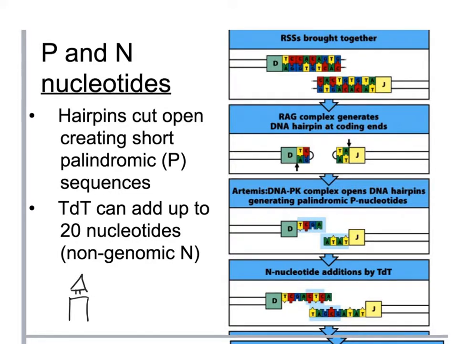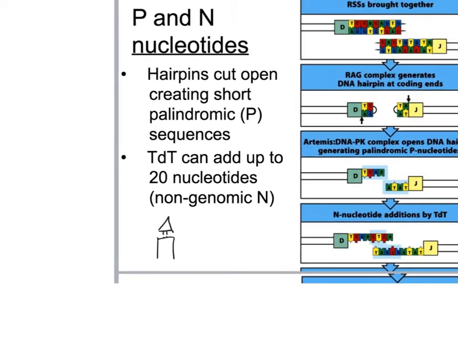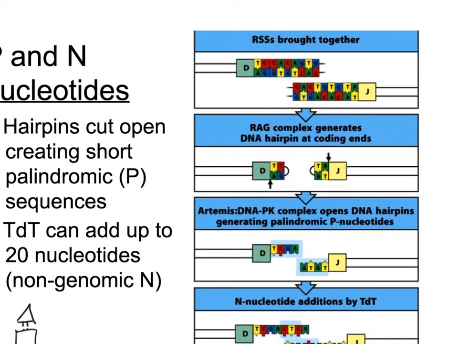Even though it looks like it cuts everything off here, there's still some DNA there. Their pictures can't be perfect. So this is the DNA that's still stuck to the D, and here's the DNA that's stuck to the J. It gets cut, and there's a couple nucleotides still remaining, and you see the hairpin.